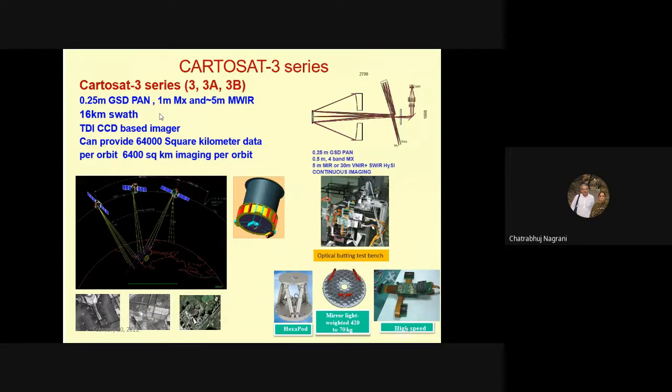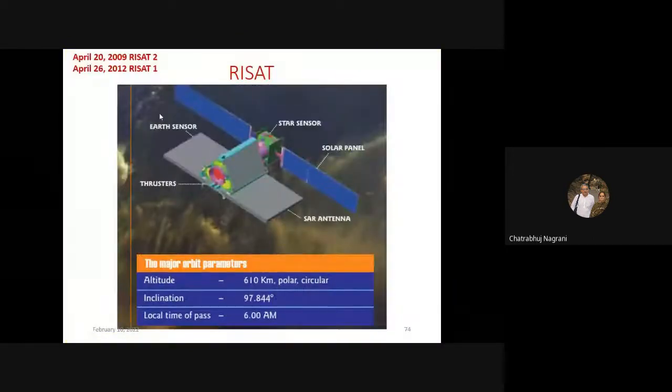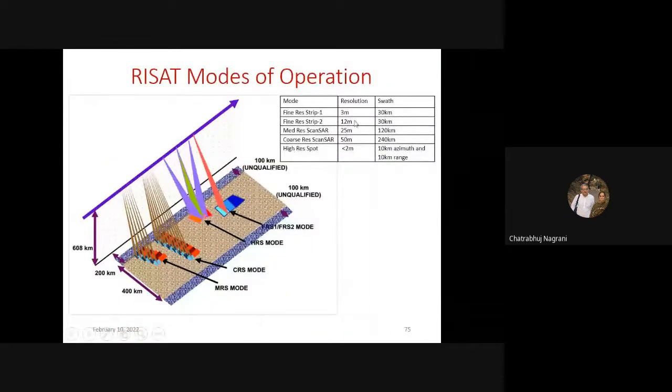Now, Cartosat 3 series, of course, is the same as I told you, with 28 centimeter resolution. We have another satellite, similar to this one, RISAT. It is a C-band radar, and it operates in different modes. Again, you can see 3 meter with 30 kilometer swath. With the same satellite, you can change the mode: 12 kilometer with 30 kilometer swath, 25 meter with 120 kilometer swath, 50 meter with, so you can see differently, and you can see here that we are looking slightly slant.